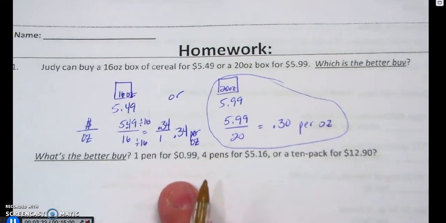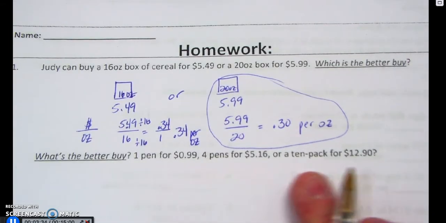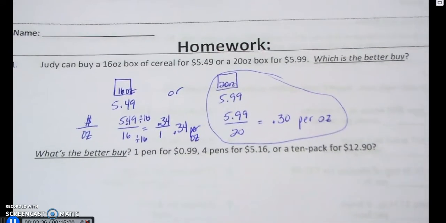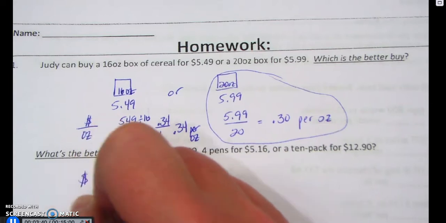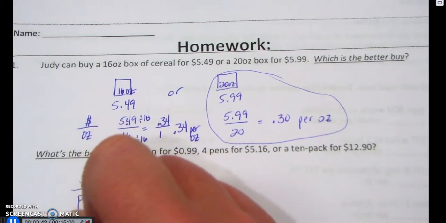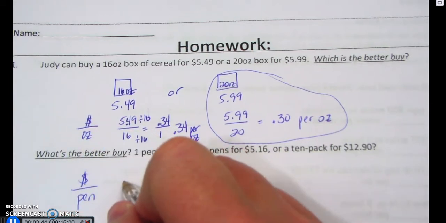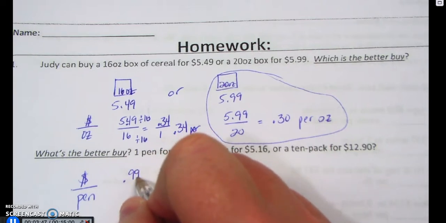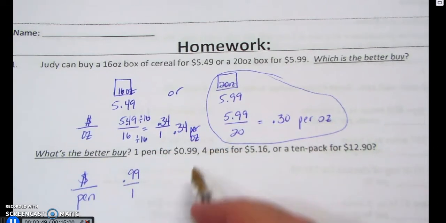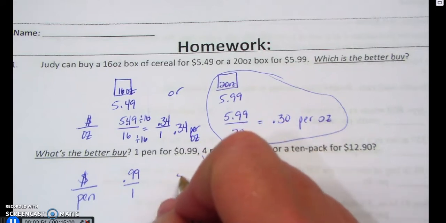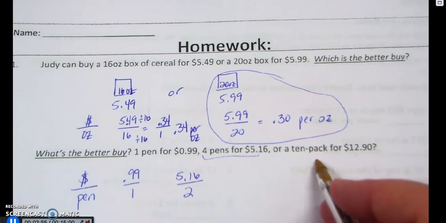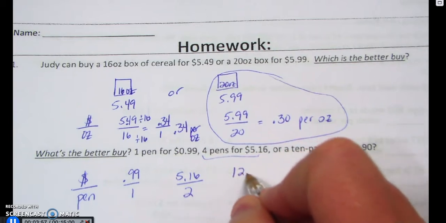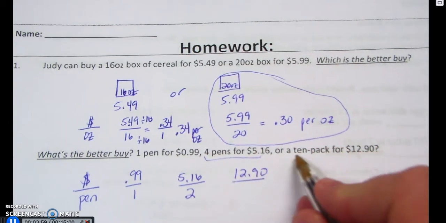All right, now, which is the better buy? 1 pen for 99 cents, 2 pens for $5.16, or a 10-pack for $12.90? All right, so we're going to put money over pens. All right, I can pay 99 cents for 1 pen, or $5.16 for 2 pens, or $12.90 for a 10-pack.